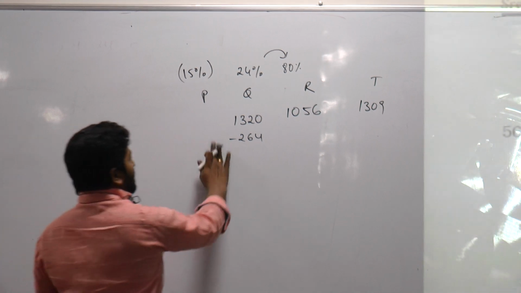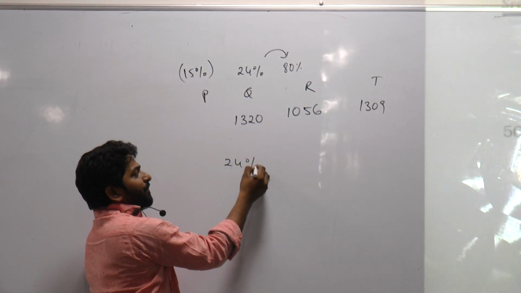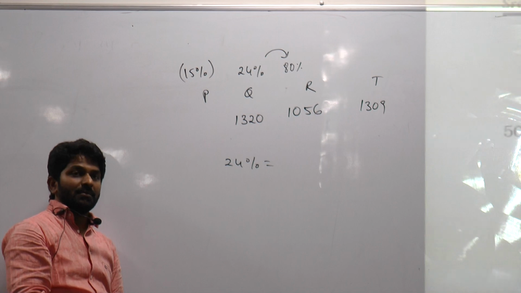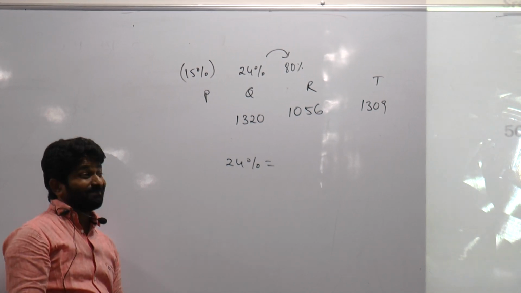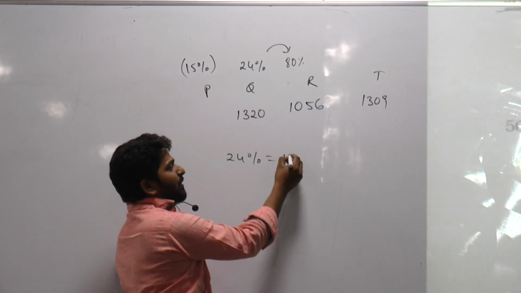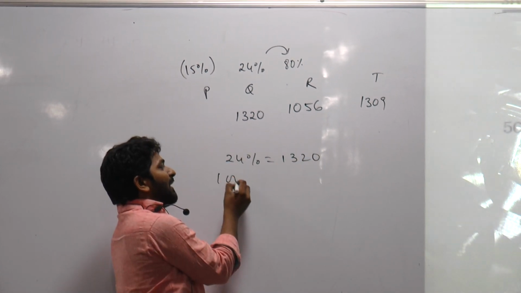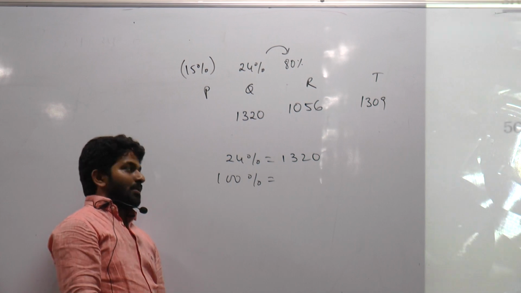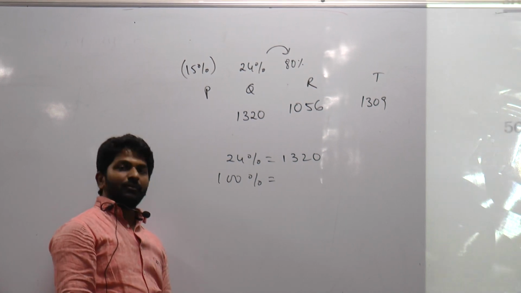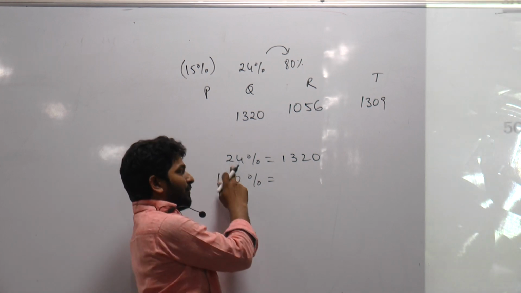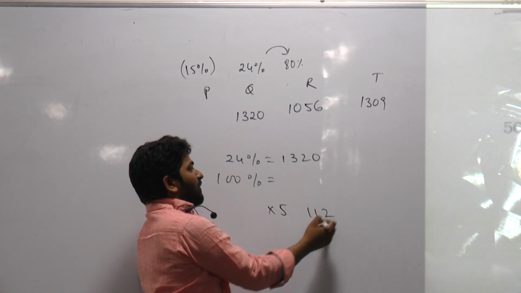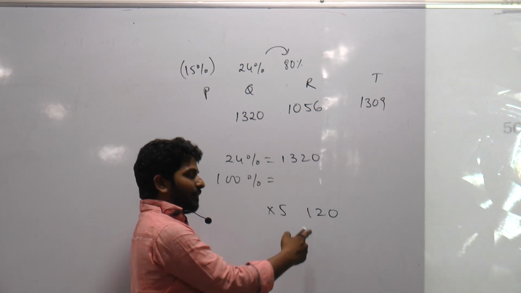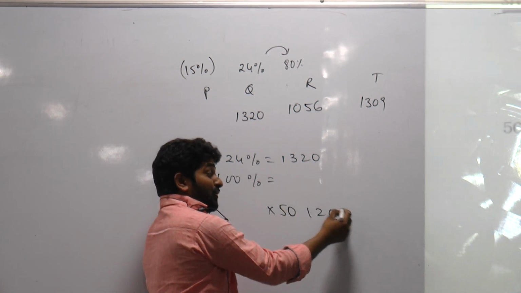Okay. Now, if 24% is equal to 1320, let me calculate 100% value. 24, 5 times, 120. 240 and half. 50 times 1200.